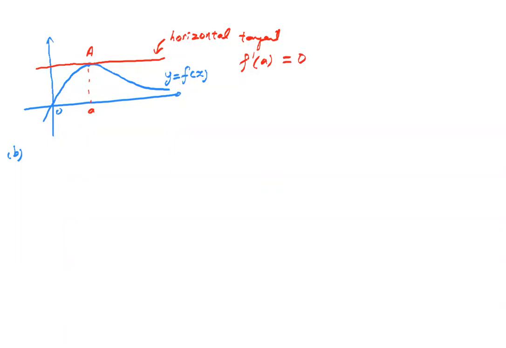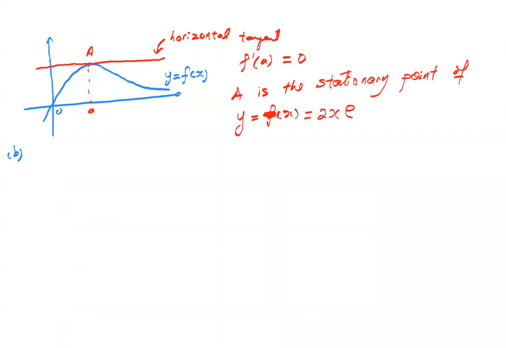In another word, in maths, we also call this A the stationary point of y equal to f(x), which is the function 2x e to the power negative 0.5x.